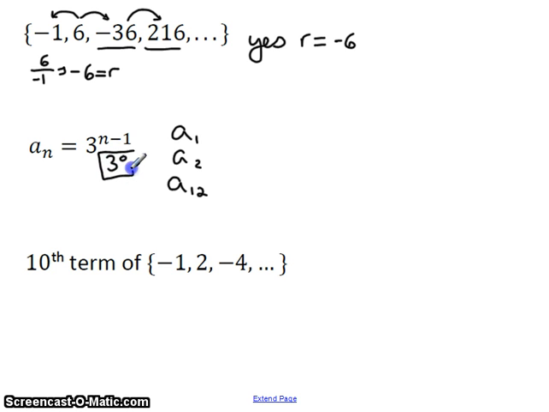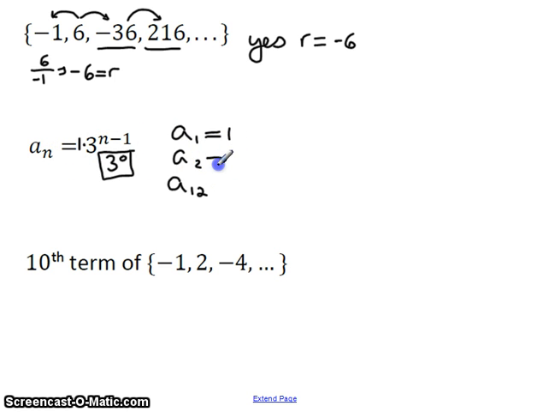Anything to the 0 power is always 1. Now you might notice that this looks like our formula that we just looked at. The problem is I don't have a number out here to match up with a sub 1. But indeed I do, because I can always multiply anything by 1 and not change it. And so a sub 1 equals 1 actually matches this now.